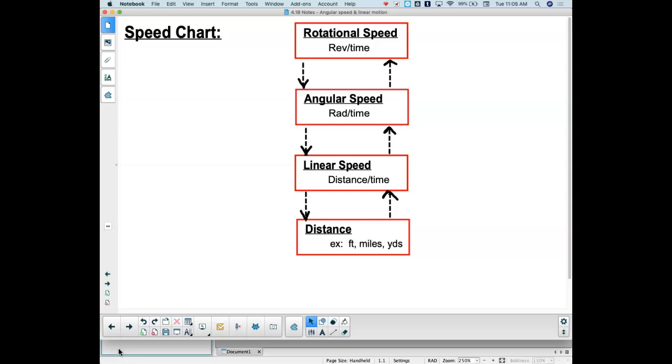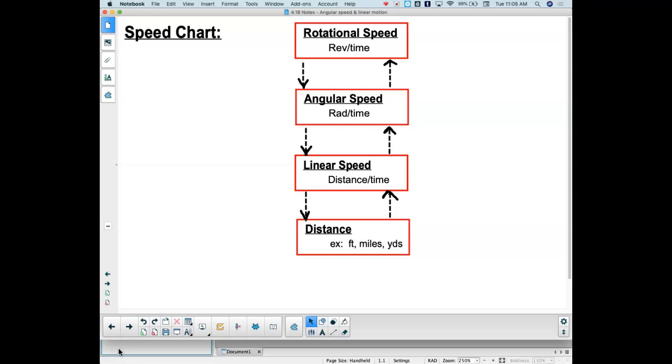Okay? So we have rotational speed, which is revolutions per time. And so it could be revolutions per minute, that's RPMs. It could be revolutions per hour. It could be revolutions per second. It's revolutions over some time frame.